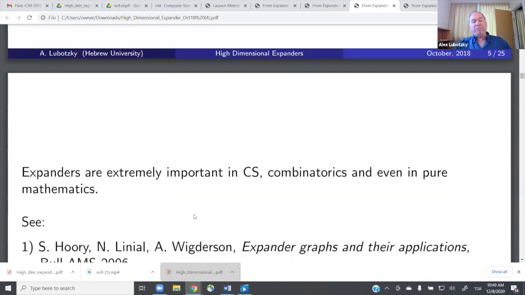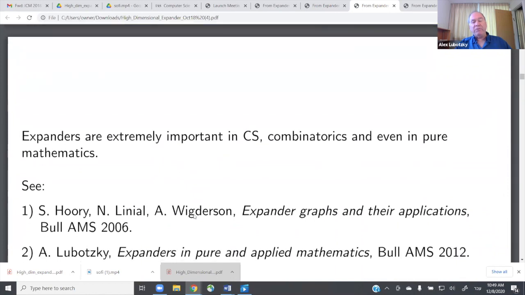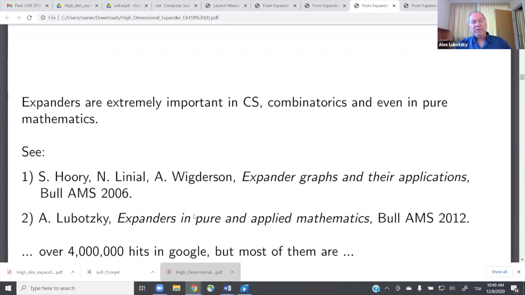There are plenty of applications. I'm not going to tell you; I guess many of you know better than me. There are long surveys, one by Hoory, Nati Linial, and Avi, about expander graphs and their applications.